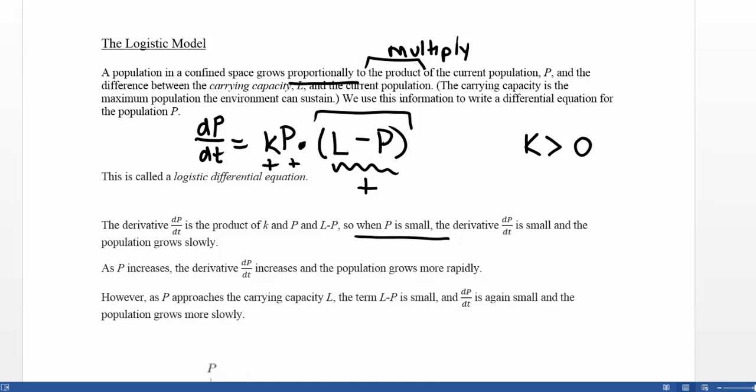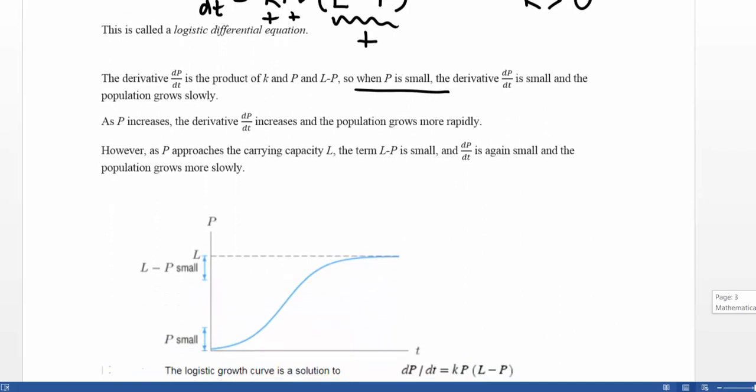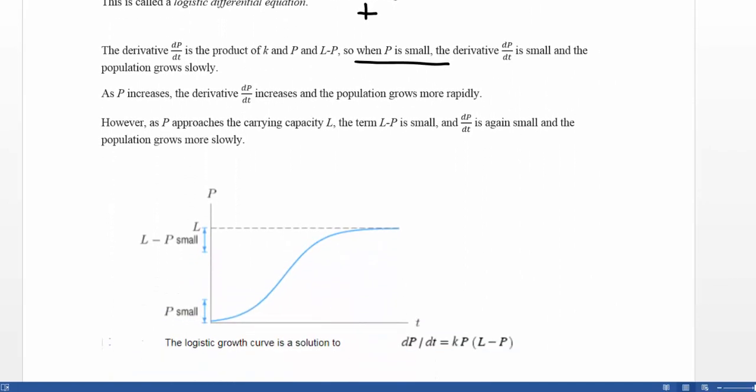Then near the middle, we're going to grow pretty rapidly, right? When P is not too close to L, but not tiny. And then near the end of our growth, our derivative is going to be small again, or slowing down. So this relates directly to the picture that we used in Calculus 1 to talk about logistic growth models.